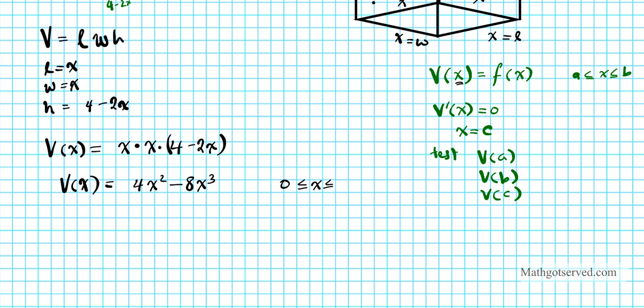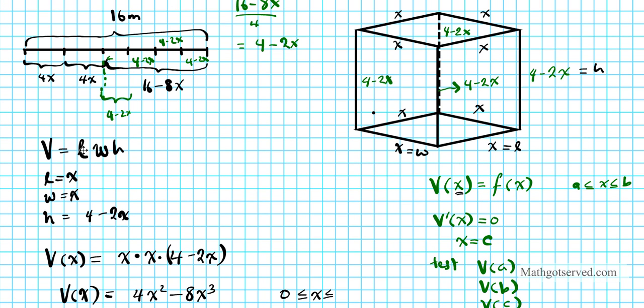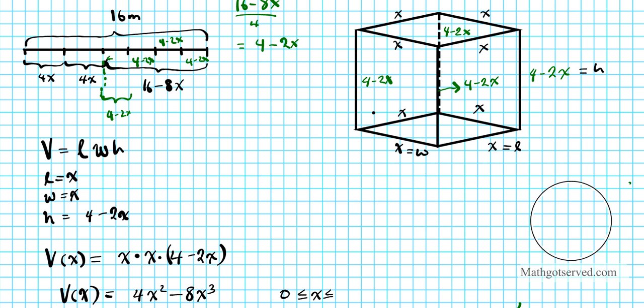Well, in order for that to happen, all we'd be left with is the top and the bottom, right? If we devote all our wire to just the top and the bottom, the question is what the dimensions of x are going to be. We know that the top and the bottom are both going to be squares. So we're going to have 4x on the bottom, plus 4x on the top.